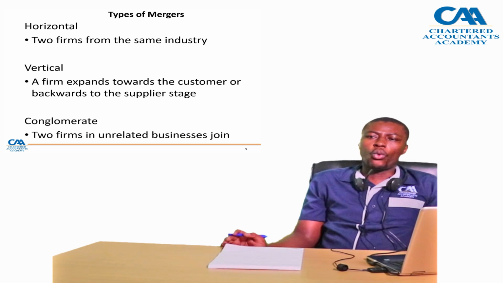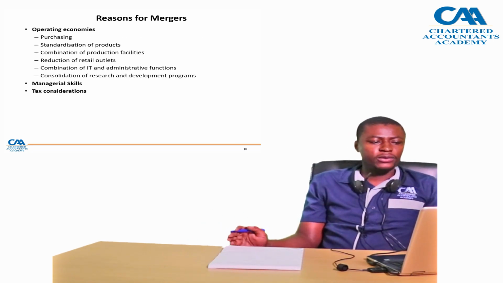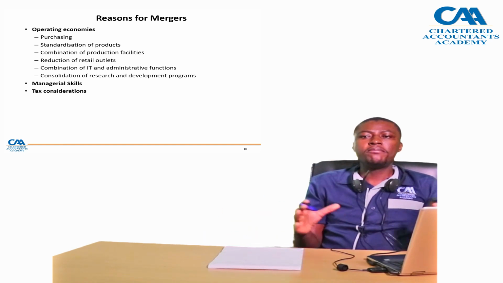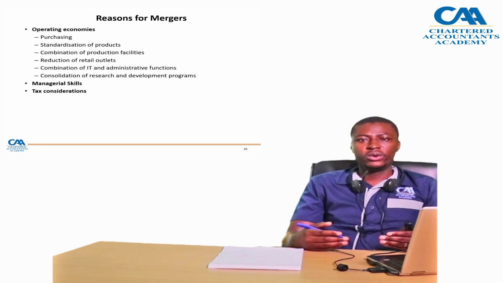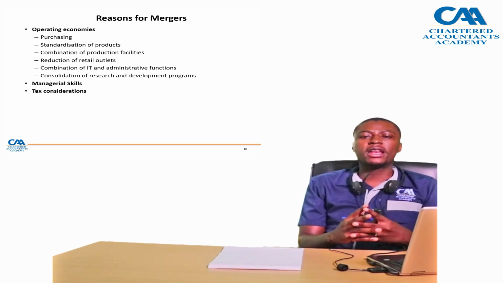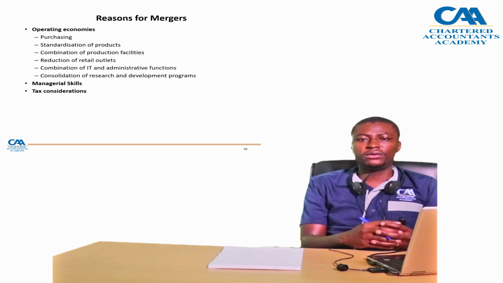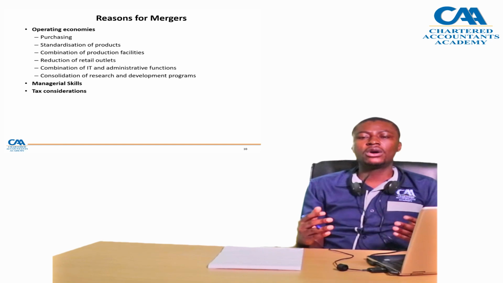So now the question is, why do companies merge? So the merger reason is around operating economies. To say, as a merged entity, we can have more purchasing power. We can be able to standardize our products. We can make use of our combined production facilities, therefore achieving cost efficiencies. This can result in reduction of retail outlets.